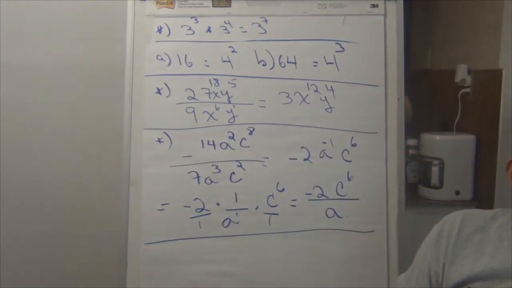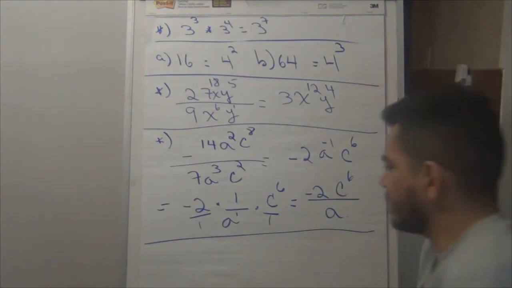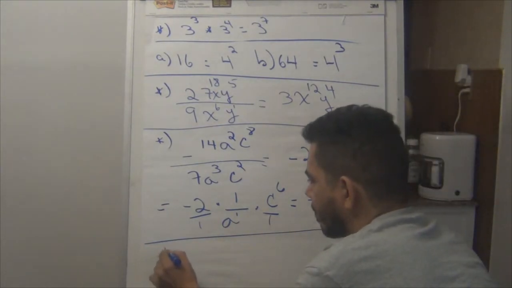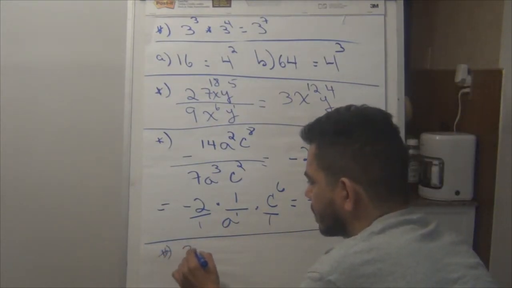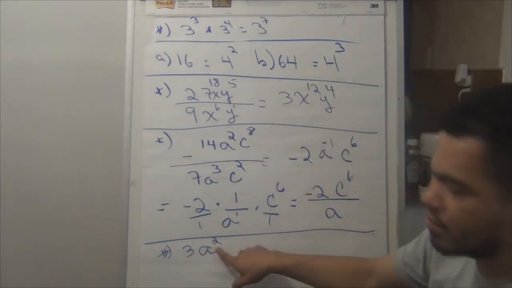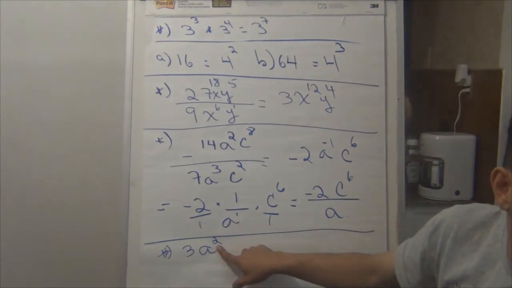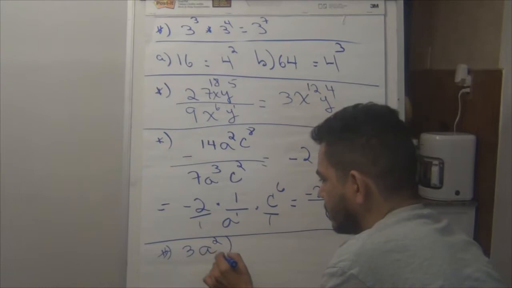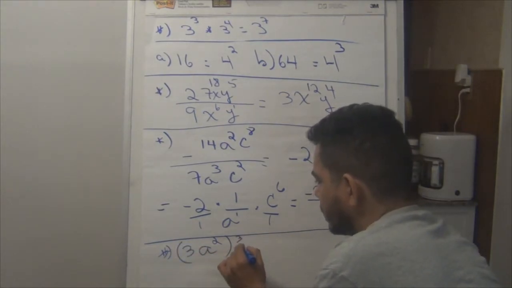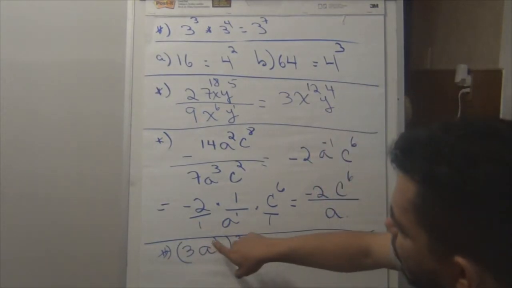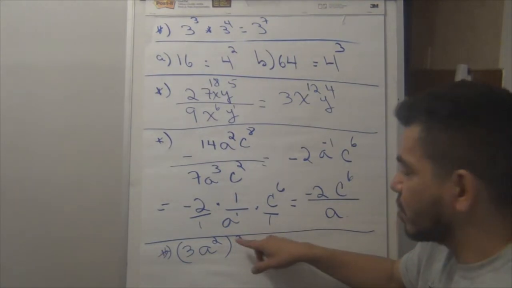Okay. Next problem. What is 3x to the 2nd, to the 3rd? I know it looks weird. Now I'm raising an exponent to another exponent.